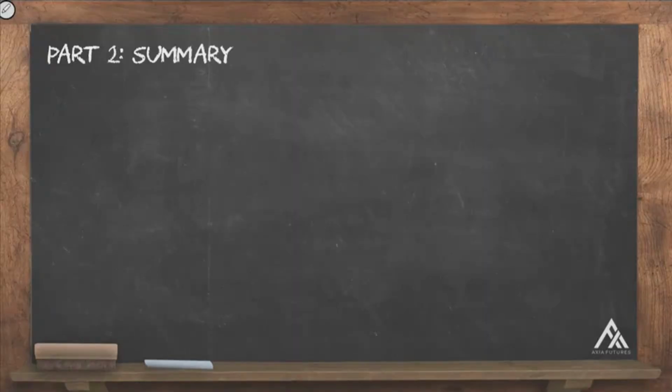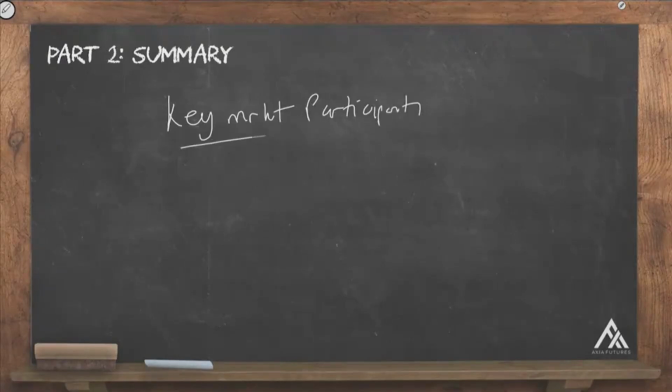Excellent. Now you've completed the part 2 principles. Let's summarize and go through all the principles that we've spoken about in part 2. I'm going to give you a few graphic examples just to ensure that you understand everything I've been through in part 2. We first spoke about the key market participants, and we said there are broadly 3 major categories of participants in the marketplace.